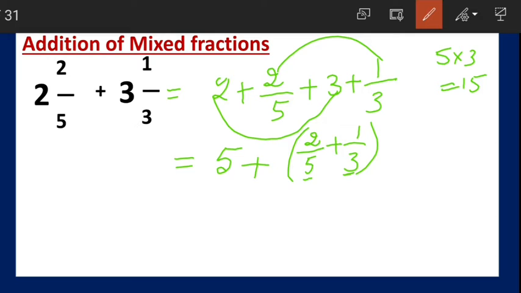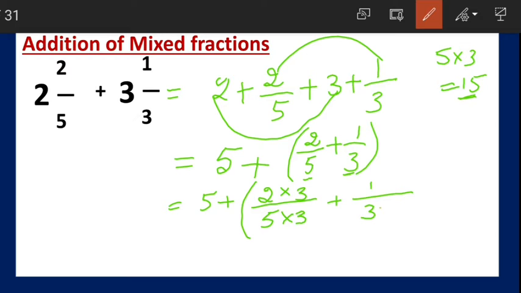Okay. So convert each denominator into 15. So we get 5 plus 2 by 5. To get 15 we have to multiply with 3. So 2 also multiplied with 3, plus 1 by 3.